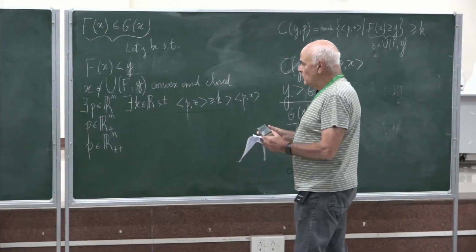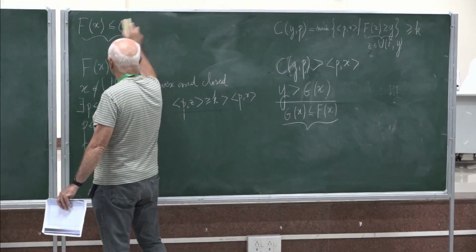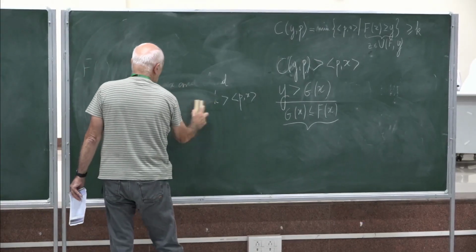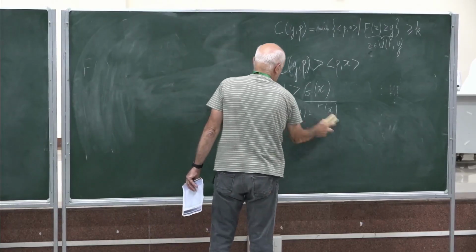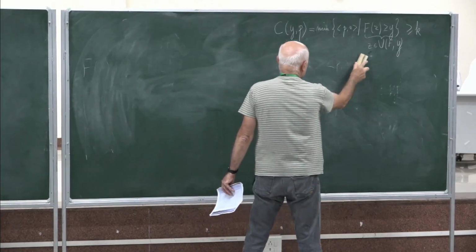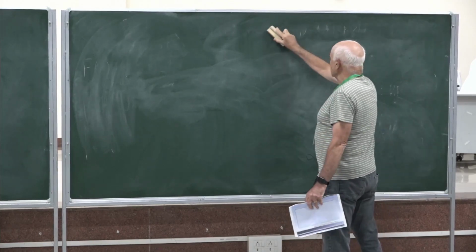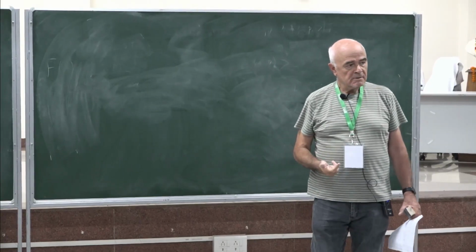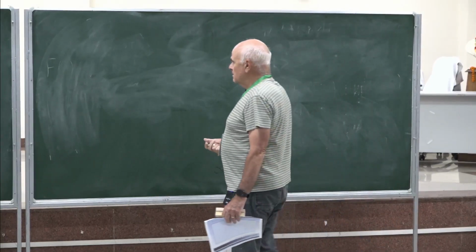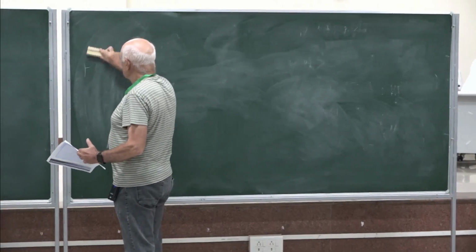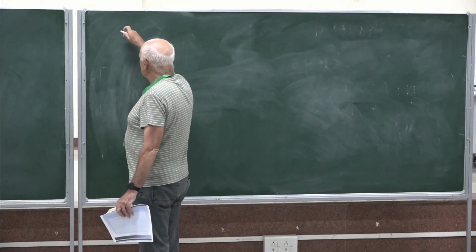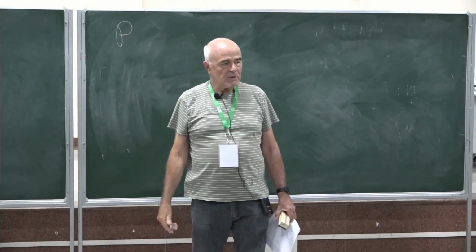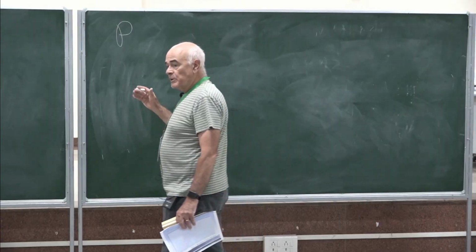So I don't know if you realize that we have proved that there is a bijection between two interesting sets of functions. One, let's say, the class of, let's call it P, calligraphic P, production functions, regular production functions.